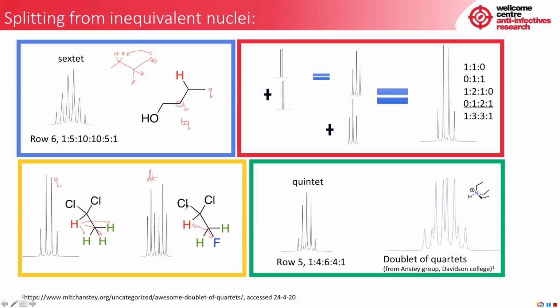I just want to leave this slide with a particularly beautiful example. This comes from Anstey Group in Davidson College, and I'm just going to mark out, there's 2 quartets here, they're easy enough to see, but I will just mark them anyway.